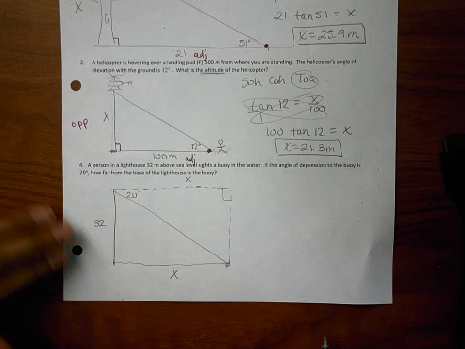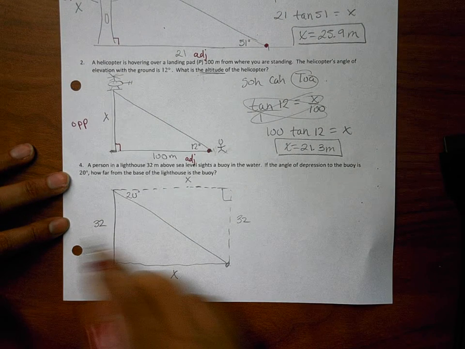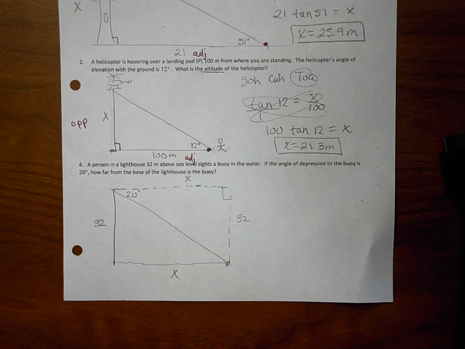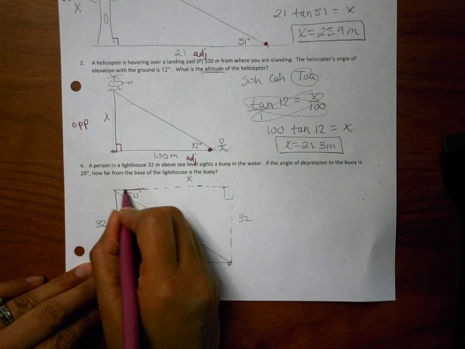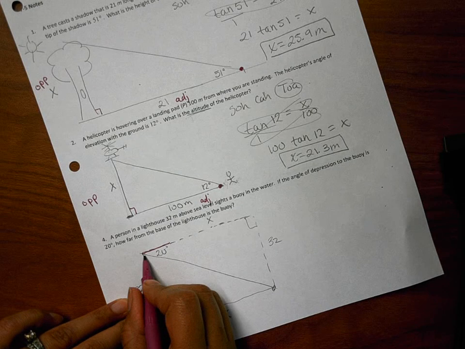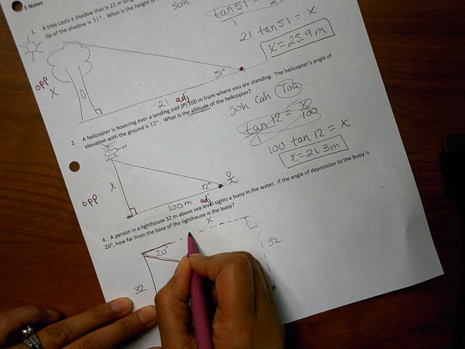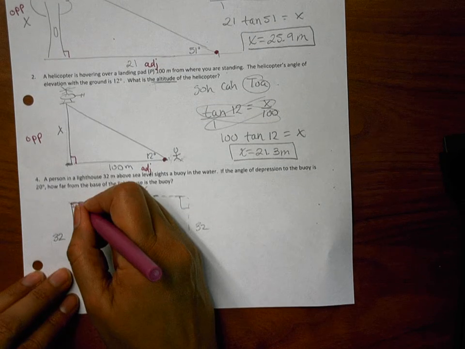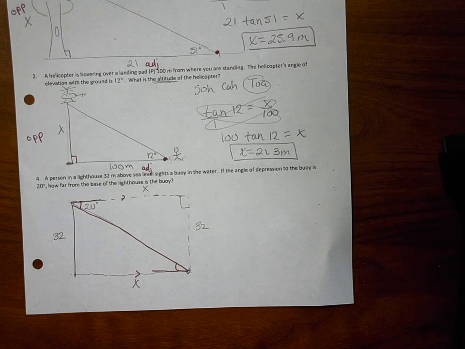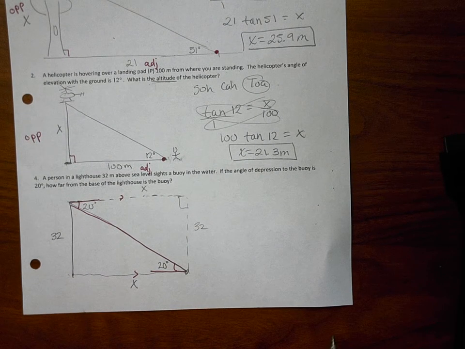And you have choices. You can draw the upside down triangle. That's X. That's 20. This is 32 because of the rectangle. Or you could use the Z shape. Do you guys see the Z shape here? And the horizontal line of sight is parallel with the ground or the water, and so these two angles are congruent.